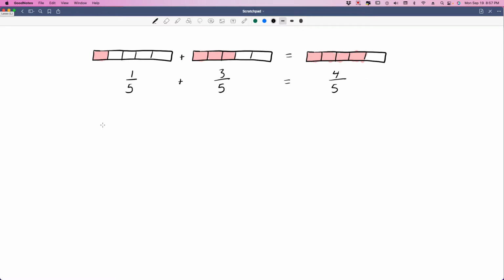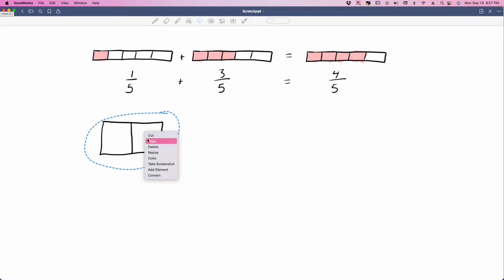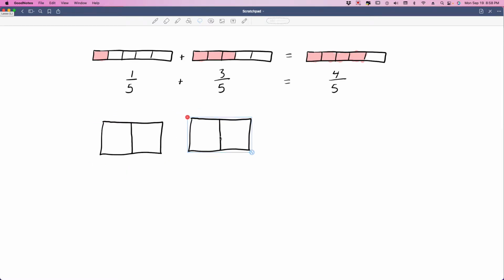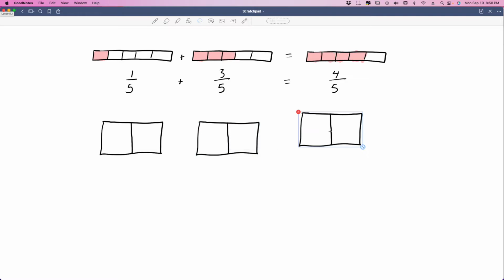Let me draw us a box here. And there are 2 parts to this box. We're just going to pretend they're exactly equal. I'm going to copy this, and I'm going to paste it over here. All right.